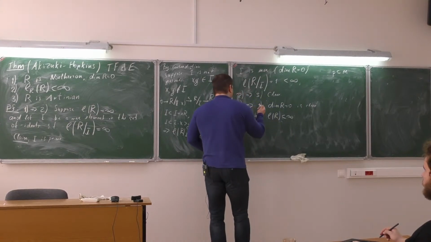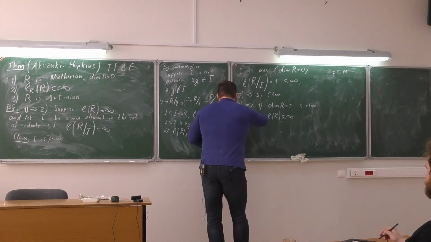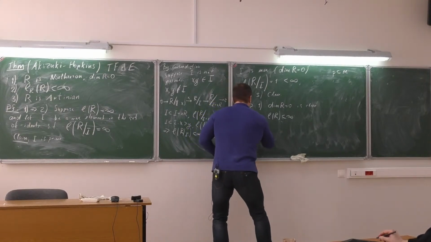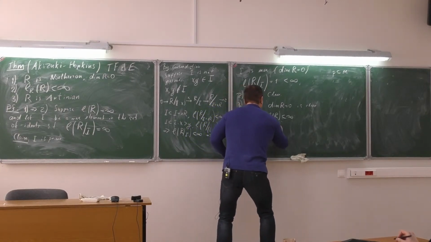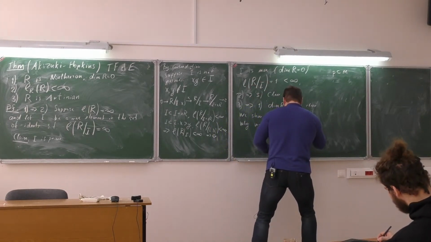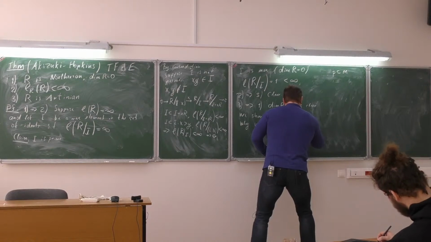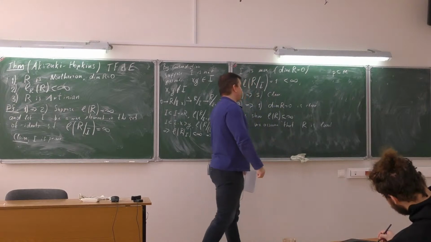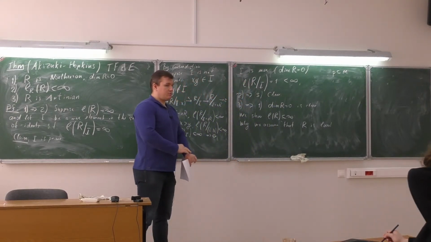Now next, we're going to use the structure theorem. Without loss of generality, we assume that R is local, because if R is not local, it is a product of local rings.